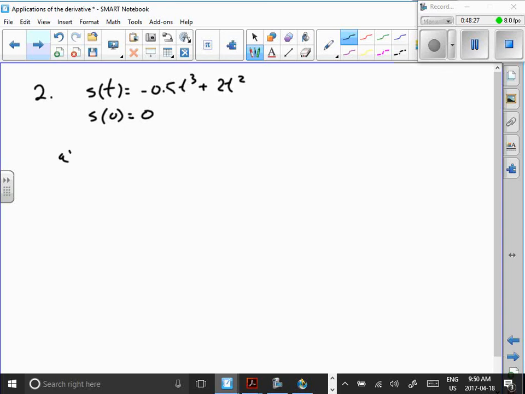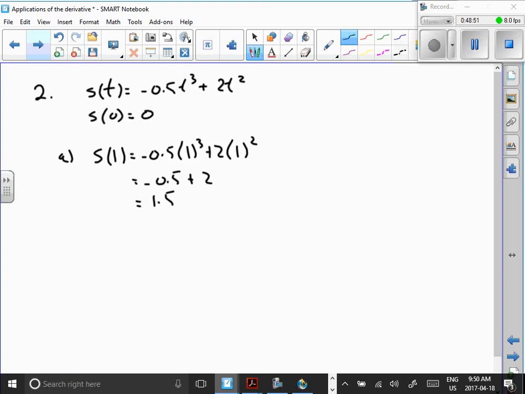S at 1 is negative 0.5 times 1 cubed plus 2 times 1 squared. 1 cubed is 1, so we get negative 0.5. 1 squared is 1, times 2 is 2. So at 1 second, the displacement is 1.5.